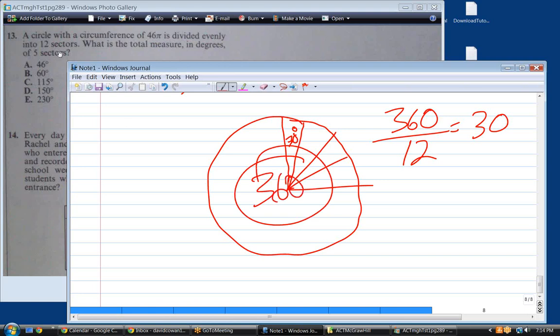Actually, if we took 360 and multiplied it by 5/12, that would also give us the answer. That also gives you 150, and it should, because 5 sectors represent 5/12 of the circle. So 5/12 times 360 is actually the most direct way to do it.